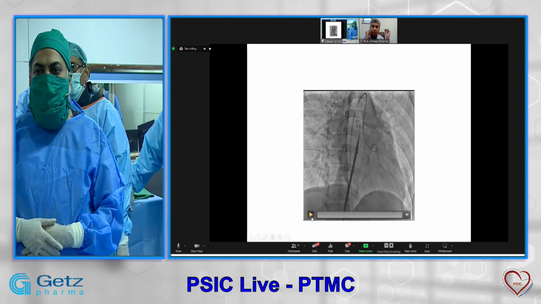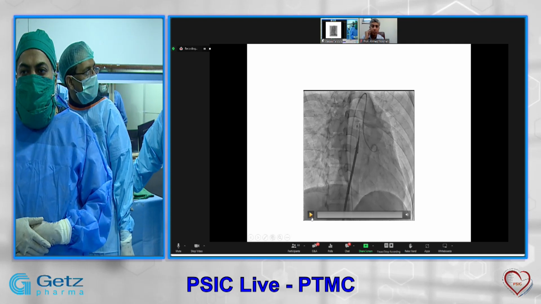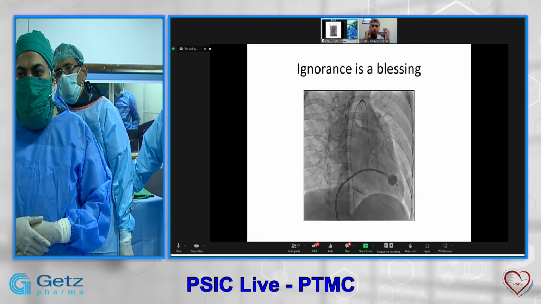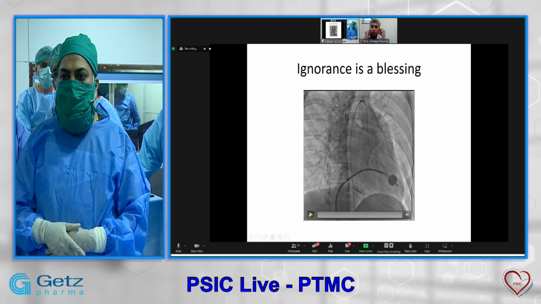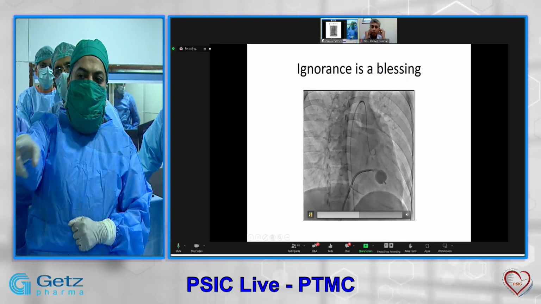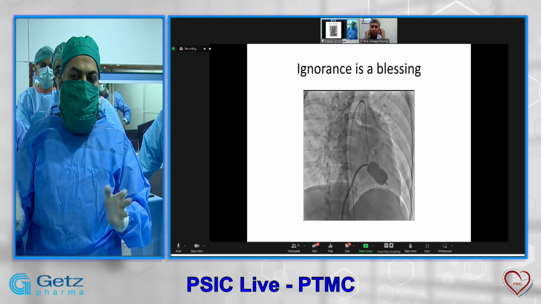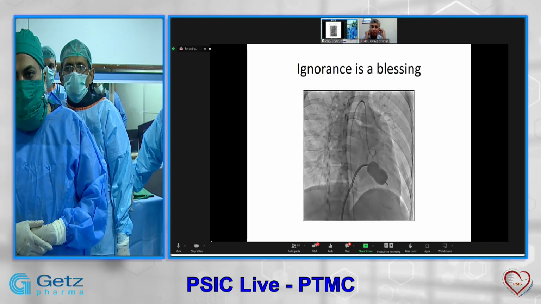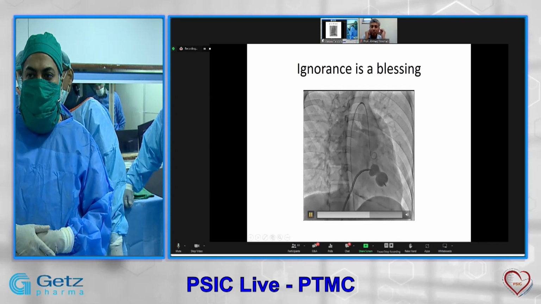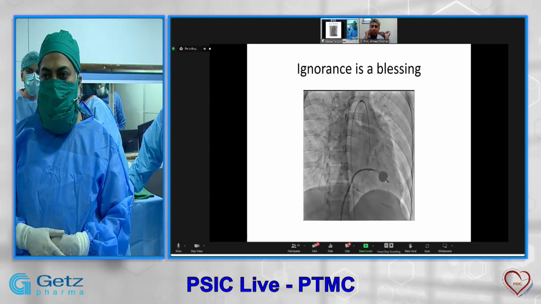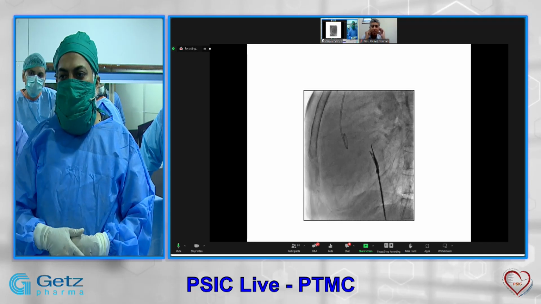Next, please. Next, please. Run this slide, please. So you can see dye staining into the pericardium, but the procedure was completed successfully because it was just a needle puncture. Next, please. Next. Run this slide.